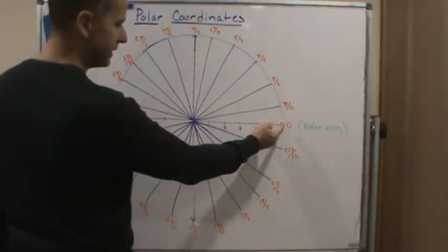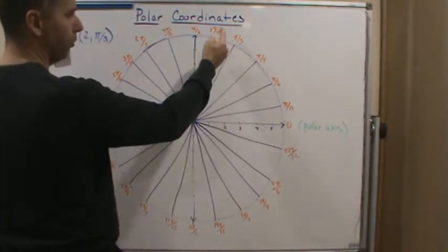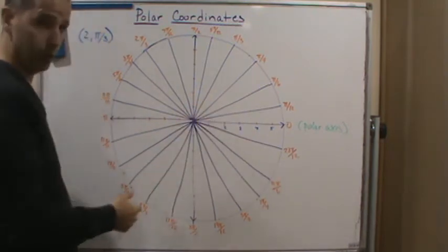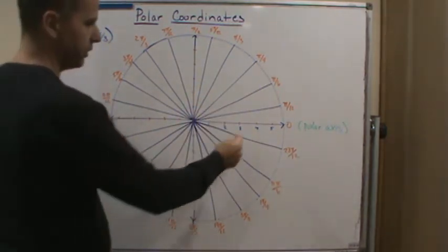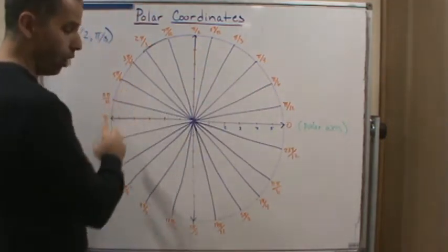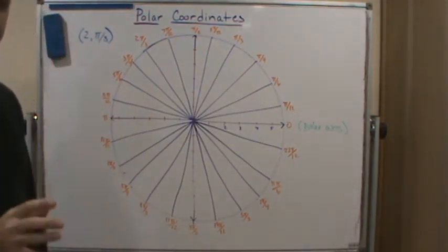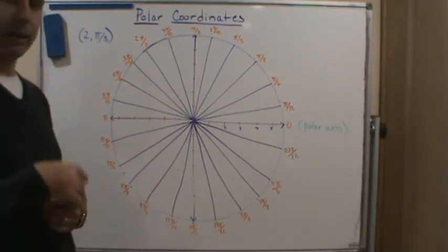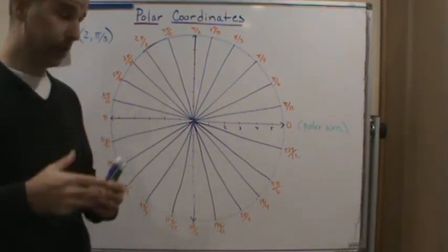As we go around the circle, this creates a larger and larger angle with the terminal side. So this is pi over 12, pi over 6, pi over 4, and these are all the most common angles that you're going to run into, that you'll be able to handle right away.